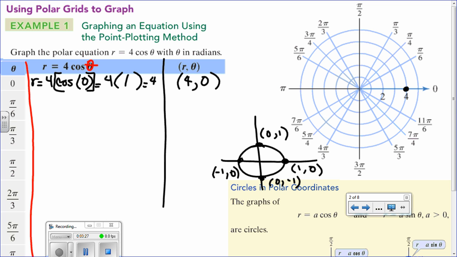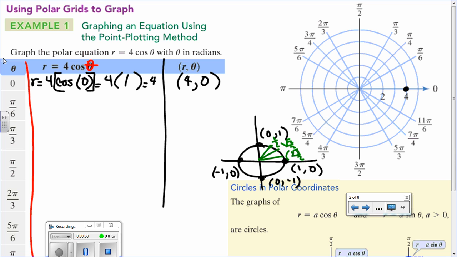So let's write down what the cosines are. For pi over 6, it is the square root of 3 over 2. For pi over 4, it is square root of 2 over 2. And for pi over 3, it is 1/2. Okay, we're going to be needing those numbers.